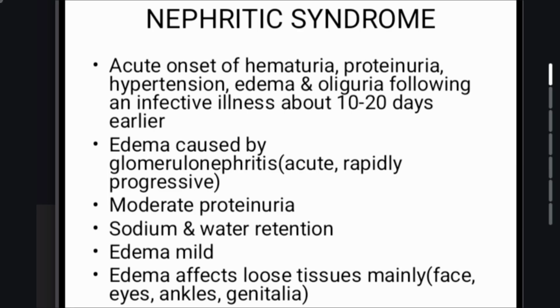So there will be a moderate amount of protein within urine in the case of nephritic syndrome. So there is sodium and water retention, just like in nephrotic syndrome. But the edema in nephritic syndrome will be mild as opposed to nephrotic syndrome.